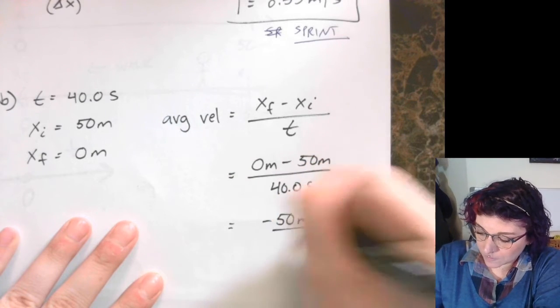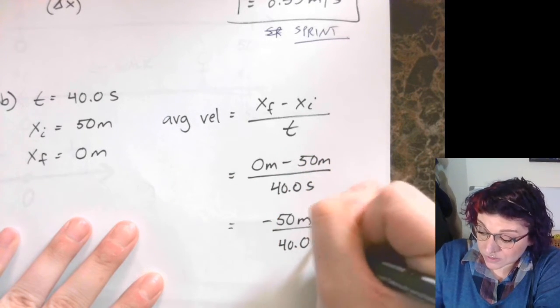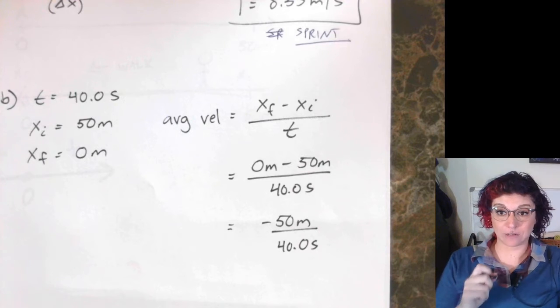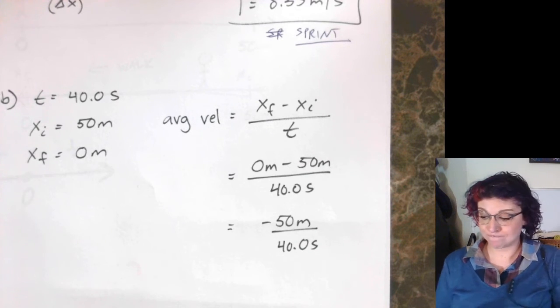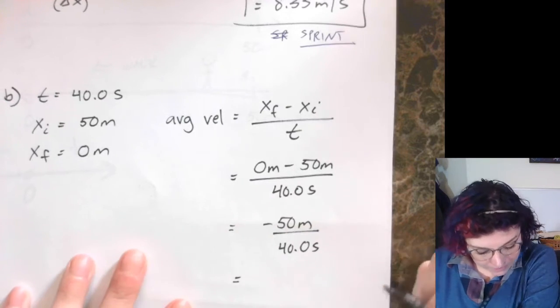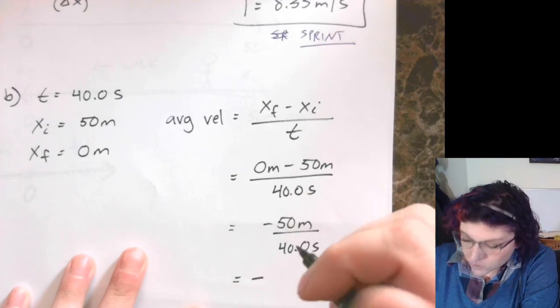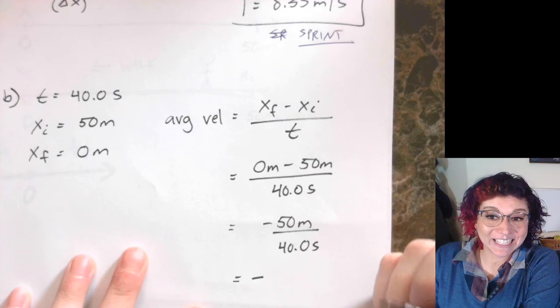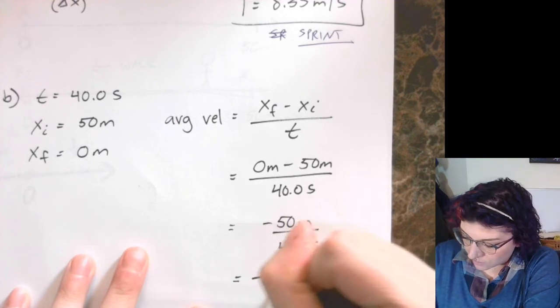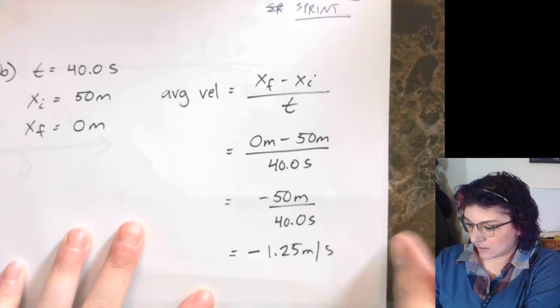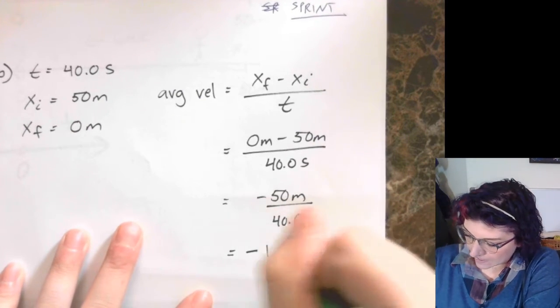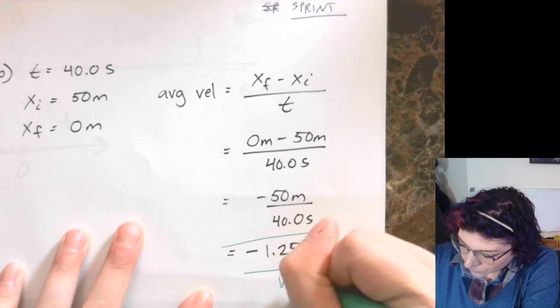Notice that this answer is going to be negative, and that's important. That tells us directionality. So when we plug this in, we find that the average velocity for the walk back was negative 1.25 meters per second.